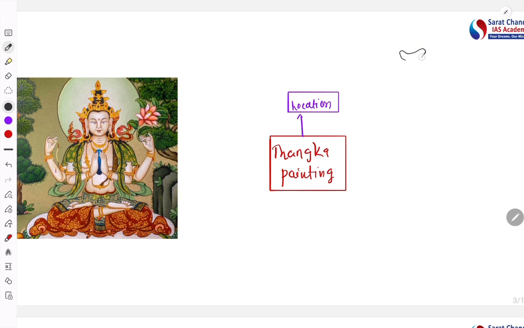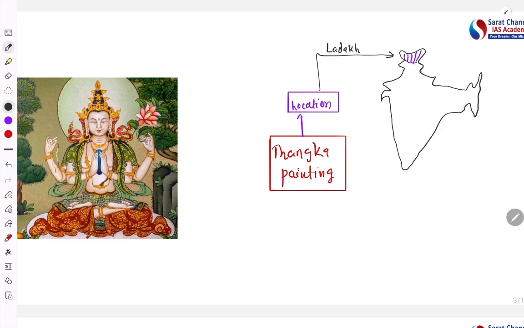As we know, this is the northern part of India. Let's cover the whole map. See this, here we have Ladakh. This particular painting's location is in Ladakh. That's the first point you have to remember, Ladakh.